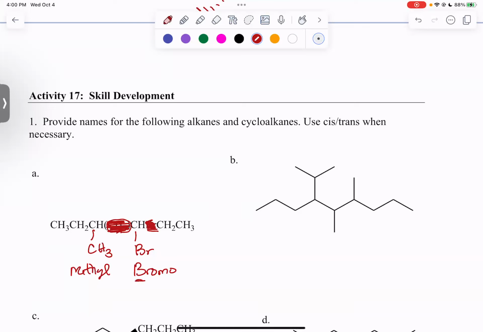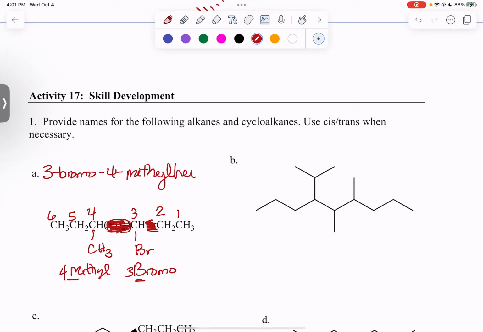So B comes before M. So I'm going to want to number from here. 1, 2, 3, 4, 5, 6. So this would become a 3-bromo and a 4-methyl. And so I'd call this 3-bromo-4-methylhexane, because I have 6.